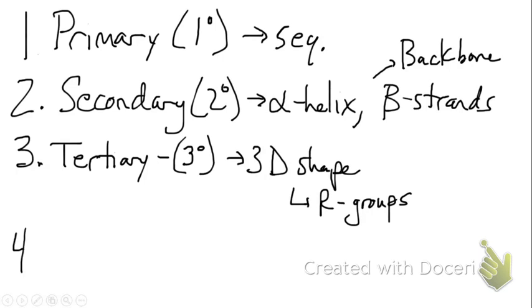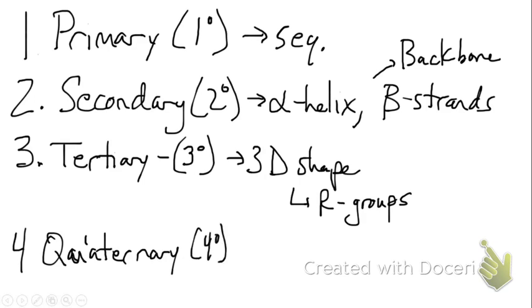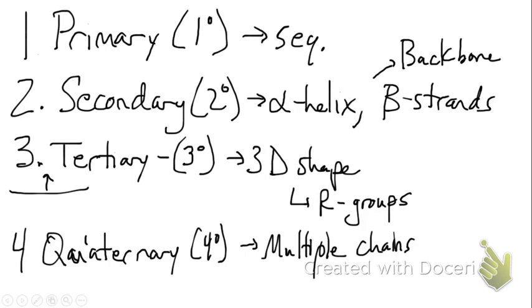And then the last one is quaternary structure. This is multiple protein chains interacting. Things like hemoglobin would be an example of a protein that exhibits quaternary structure. So all proteins exhibit the top three: primary, secondary, tertiary. Only a choice few then exhibit quaternary structure if they're part of a larger complex.